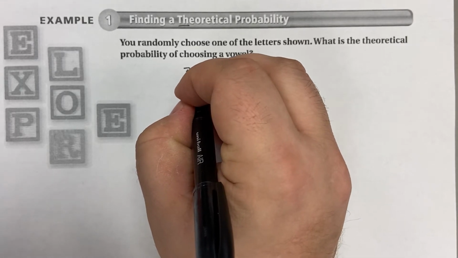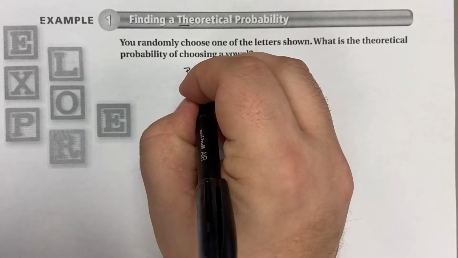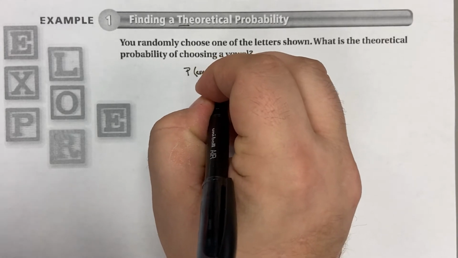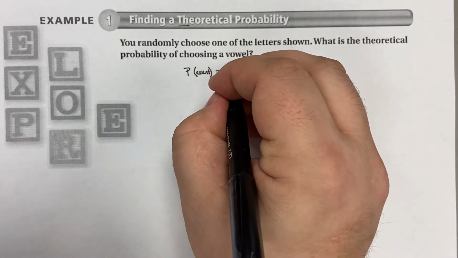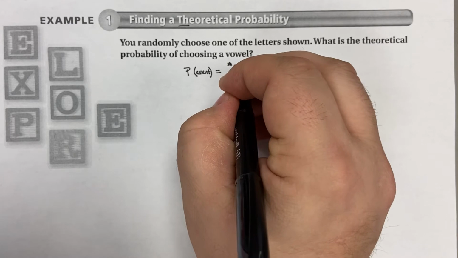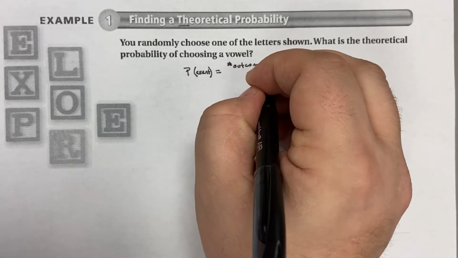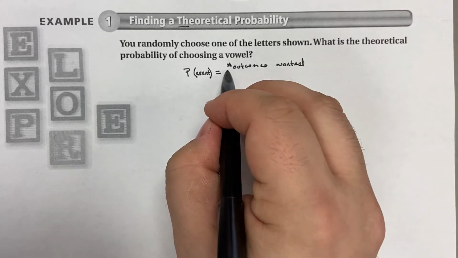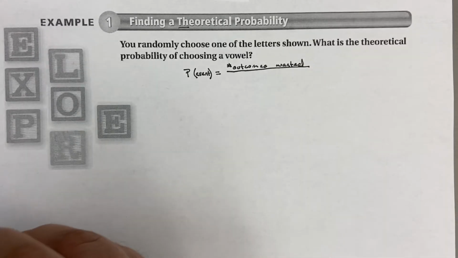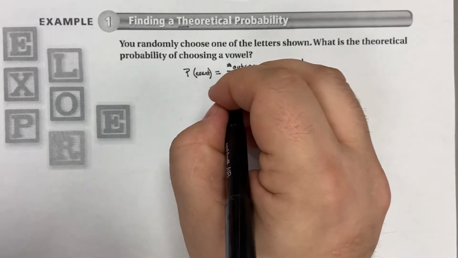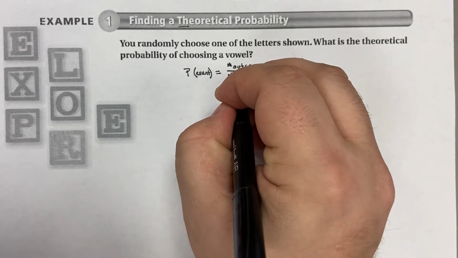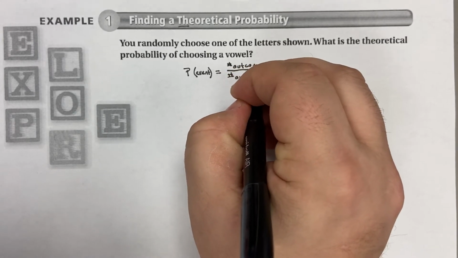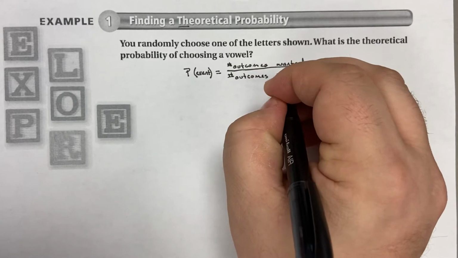So this is saying the probability of the event is equal to the number of outcomes wanted, and this is the kind of formula you've got to memorize, over the number of outcomes possible.